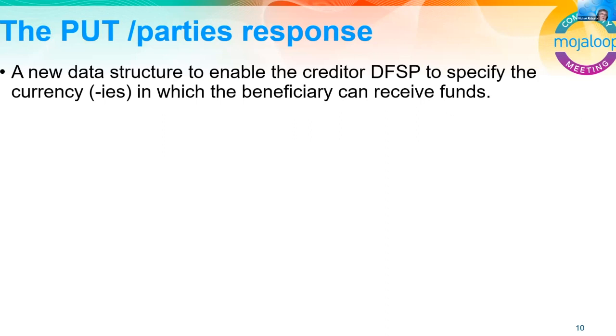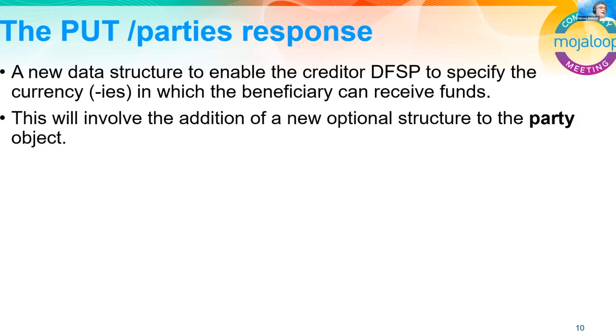Obviously, if the creditor DFSP's account can only receive in a currency which the debtor can't issue in, then it will have to get some PVP currency conversion. This will involve the addition of a new optional structure to the party object, because effectively it describes an attribute of the person to whom the identifier refers.